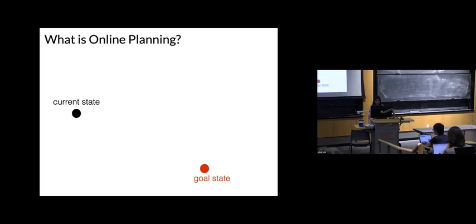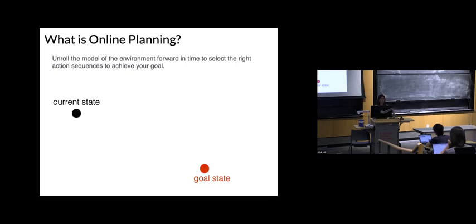And it says that you'll use the model of the world. So the model in this part of the lecture is known, dynamics and rewards and so on. And you'll query it forward. When you use the model forward, it's called unrolling, to help you choose the right actions, right? To learn the right policy. That's what online planning means.